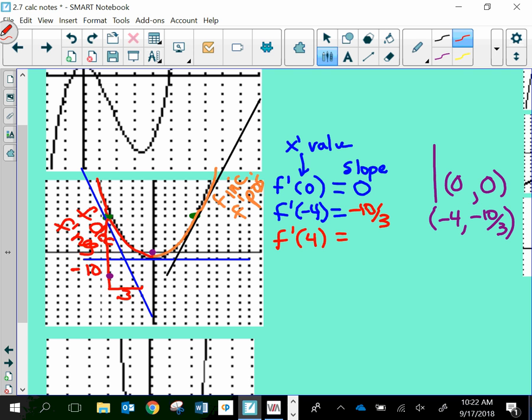And instead of -10/3, this should be a positive 10/3, or if you use -3, you'll use +3. So my last ordered pair should be what? 4, 10/3. Okay? So 4, 1, 2, 3, 4, 10/3, 1, 2, 3, and a third.